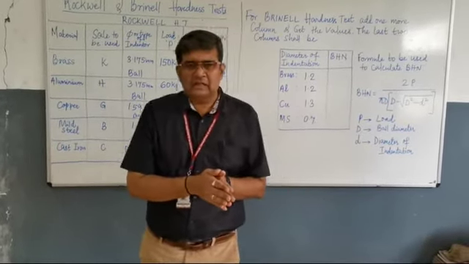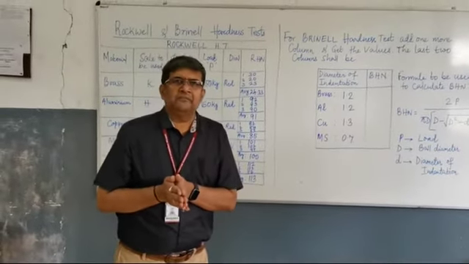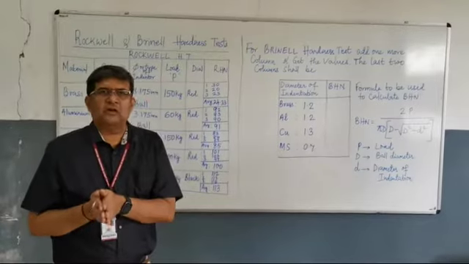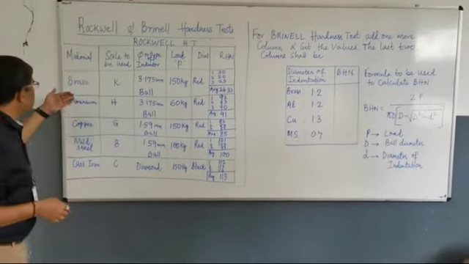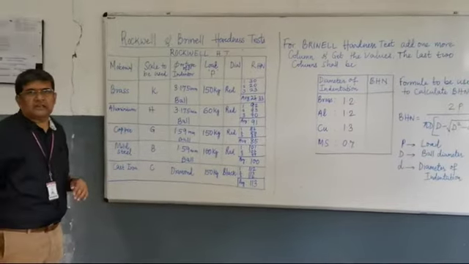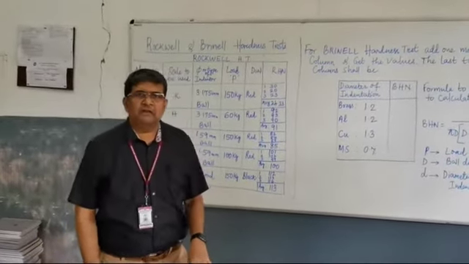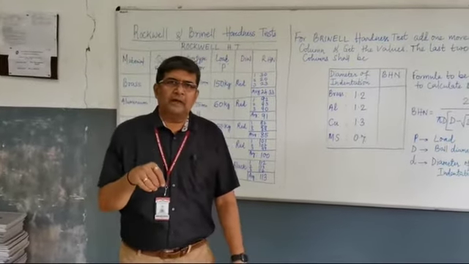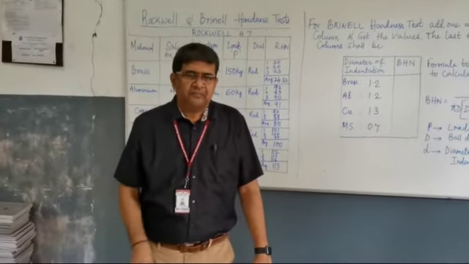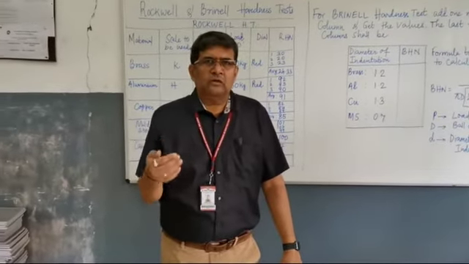In the Rockwell hardness test, normally we conduct the test on 5 different specimens, namely brass, aluminium, copper, mild steel and cast iron. Since the materials are different and we are applying a load and making an indentation, the type of the indenter will also change.